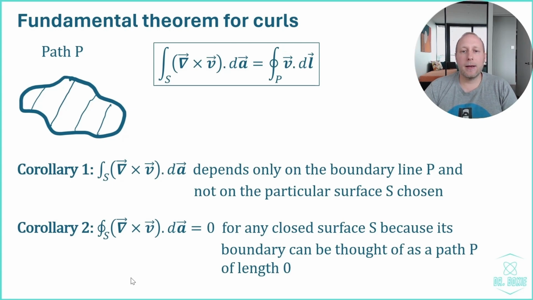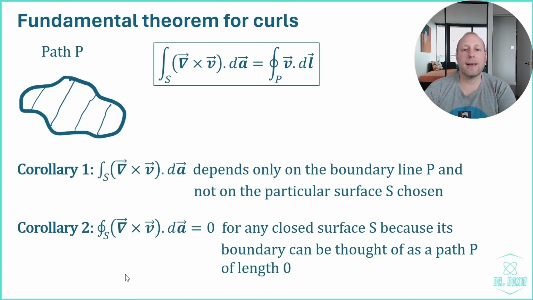And the idea here is that the theorem tells us that the surface integral of the curl is equal to the line integral of the field itself over the boundary, but for a closed surface there is no boundary. We can think of the boundary as being a line of length 0. And so in that sense, that right-hand side tells us that it should be 0. So the surface integral of the curl of a field will always be 0 when taken over a closed surface.